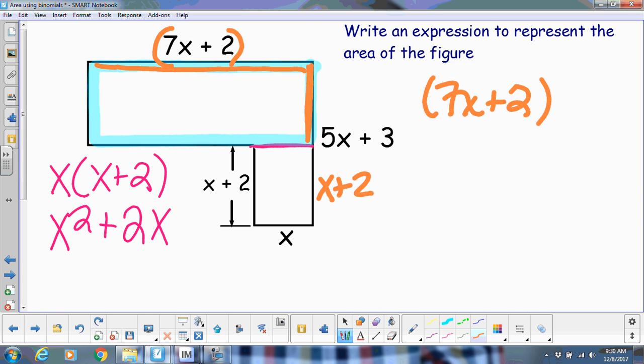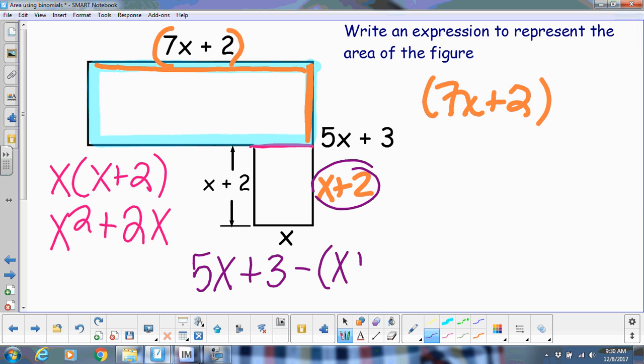Okay? So I'm going to take away x plus 2 from 5x plus 3. 5x plus 3 minus x plus 2. Right there, what do you need to do?